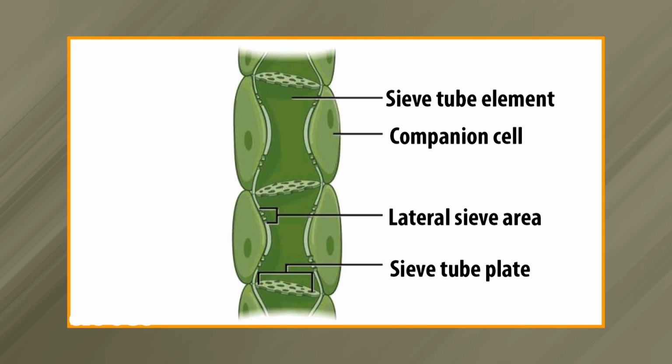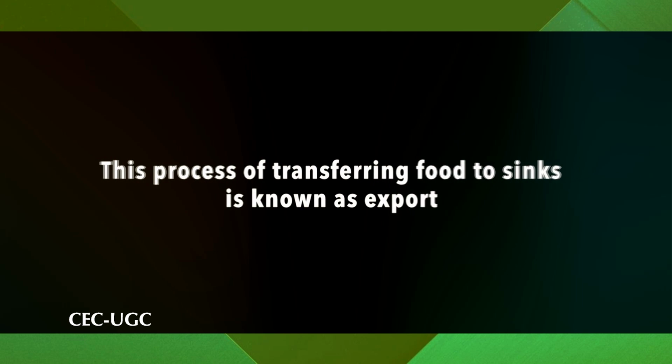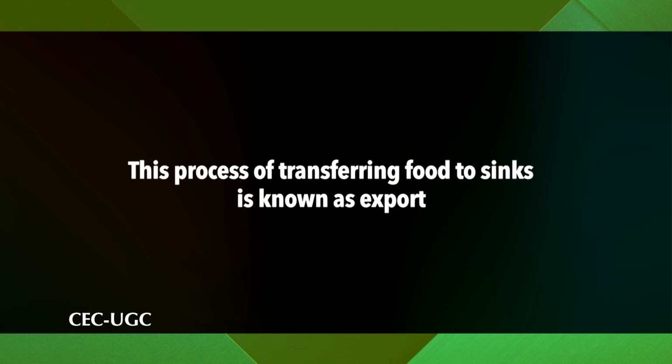Inside the sieve elements, sucrose and other solutes are translocated to the sites where food is needed. This process of transferring food to sinks is known as export. It's a long distance transport that takes place through the vascular system.